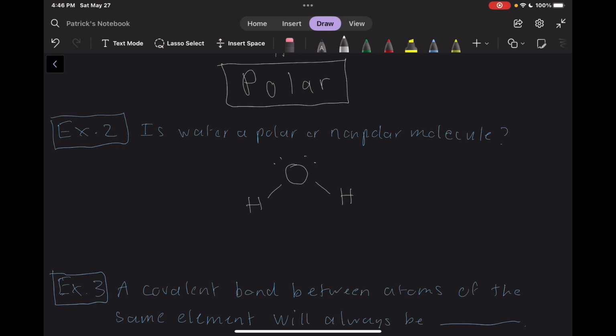Water is kind of a strange case, and this is kind of a trick question, because water is in fact symmetrical. We can see that just by glancing at this drawing. But because of these two lone pairs on oxygen, and the difference in electronegativity between oxygen and hydrogen according to the Pauling scale, we have to say that water is a polar molecule.